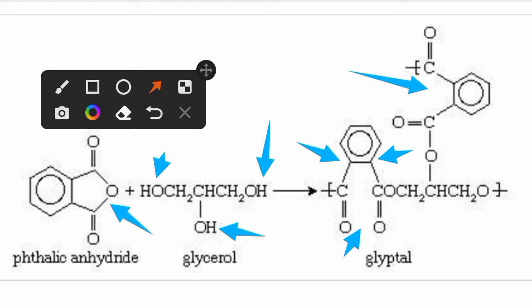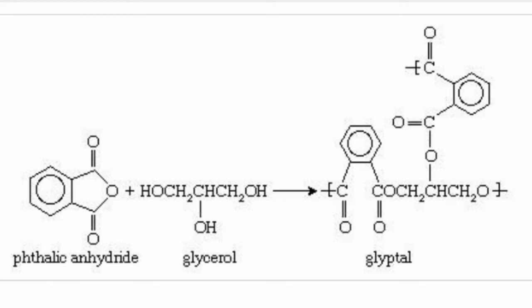On joining, you can see that CH2, CH, CH2O get bonded with this CO, and another phthalic anhydride molecule gets bonded with this second carbon with the help of ester linkage COO. In such a way, there is formation of glyptal resin.